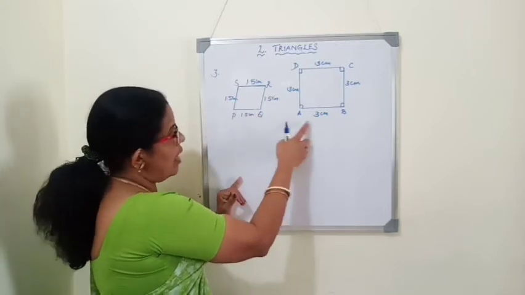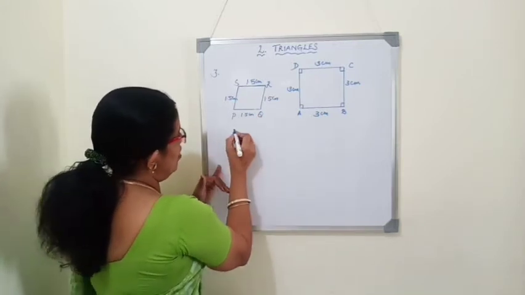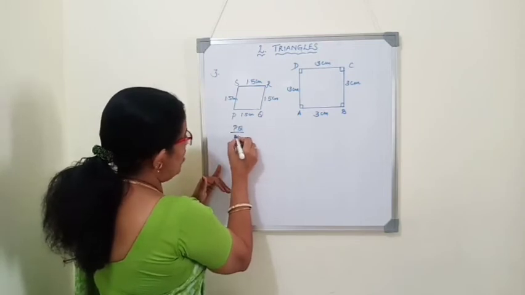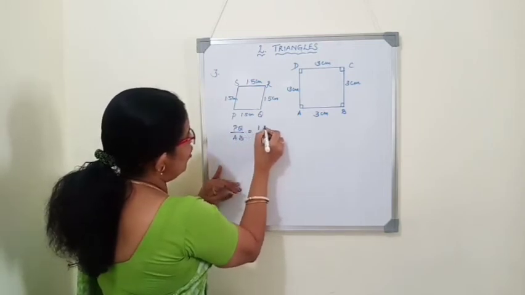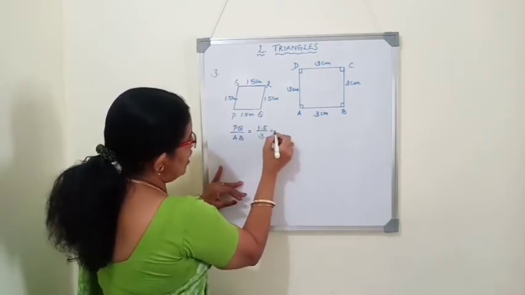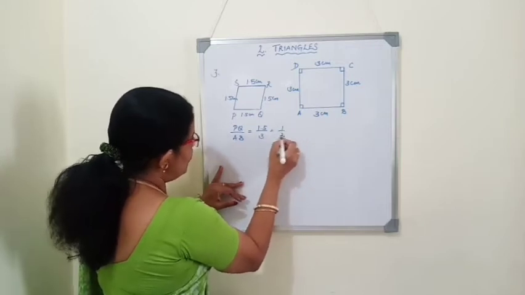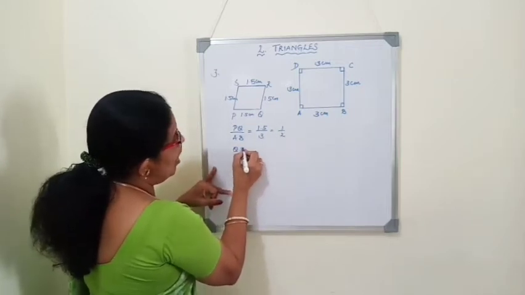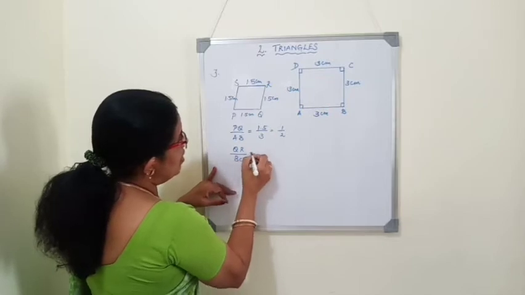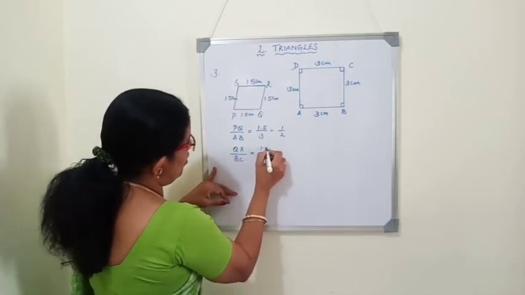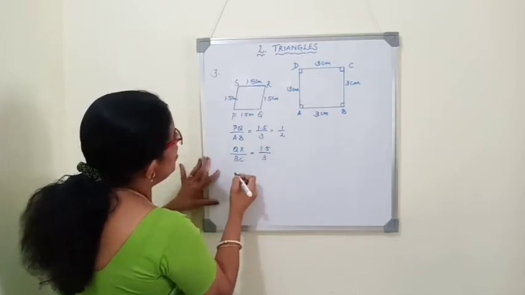When you find the ratio PQ by AB is equal to 1.5 by 3. We can cancel, we will get 1 by 2. Again, QR by BC, it is 1.5 by 3, same we will get.